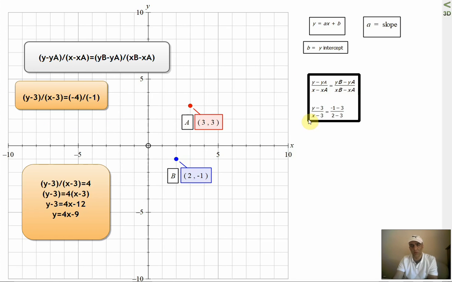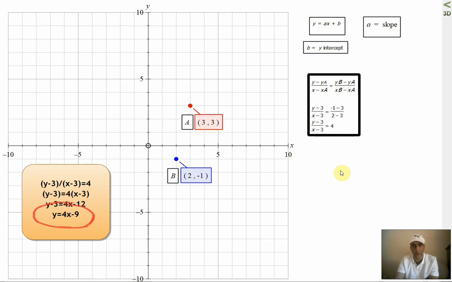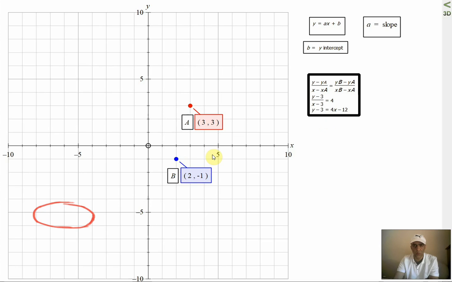Okay, as you see in the end, the linear line equals y equals 4x minus 9, and 4 is the slope, and minus 9 is the y-intercept. Okay, it's very easy. To make a graph, we can use these points.